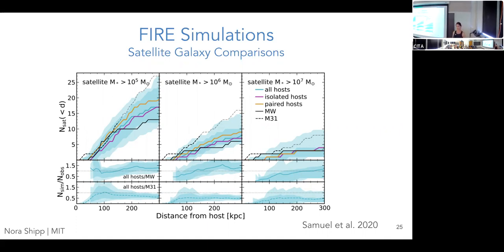One thing that people in FIRE have seen is that the pairs seem to form slightly earlier than the isolated ones, and their satellite populations are a little bit smaller. I would have expected that. That's the main difference that I'm aware of. They aren't close enough to have done a lot of damage, but there would be an impact on the dwarf galaxies surrounding, presumably. I'm going to get to my work, which is mostly on the streams rather than the satellites, but actually we don't see a very clear difference even in this.